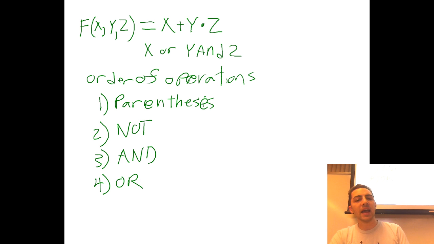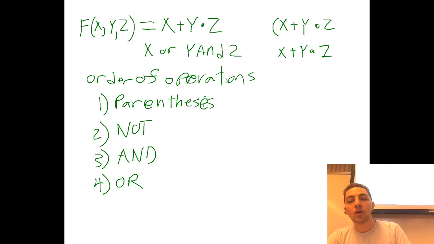So I have here two operators, or and and. So the question I have for you: x or y and z, x or y and z. I have explicitly put parentheses around these arguments.